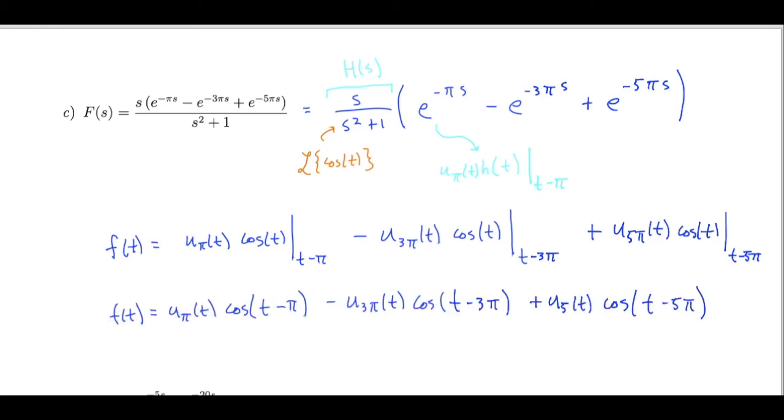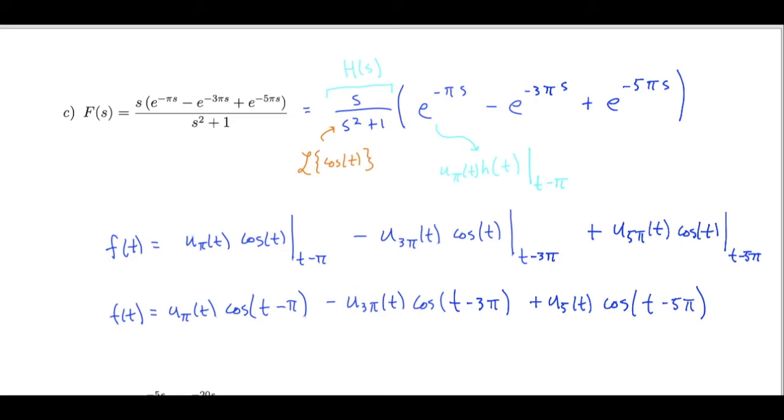So I'll get a little f of t that looks like this, where each of my cosines is evaluated at the appropriate shifted expression in terms of t. This intermediate step isn't necessary, and once you've seen a few of these examples, if you want to go straight from this structure of the transform to this solution, that's fine. I just write this intermediate step to reiterate the structure of what's going on.